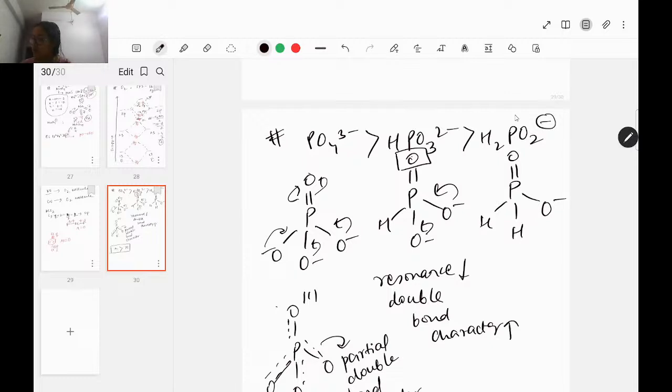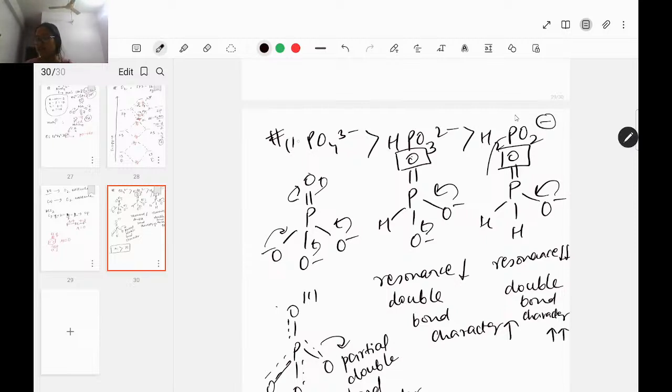And what about this? This oxygen atom over here receives resonance from only one oxygen atom, so the resonance decreases even more, and the double bond character increases a lot. Okay, so this is the reasoning.